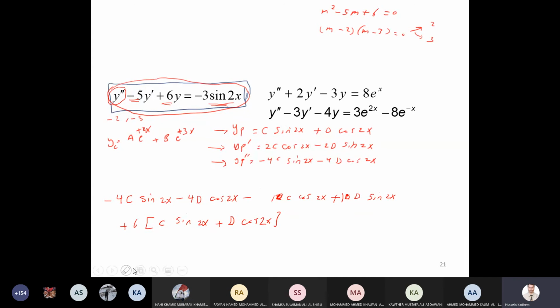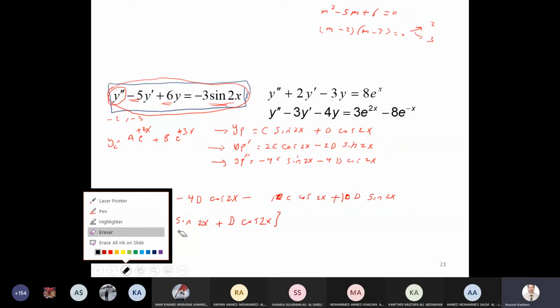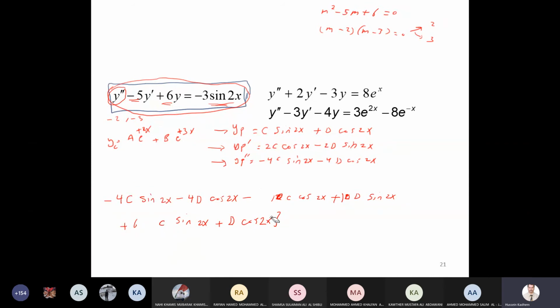The same thing applies here: 6 will be multiplied by c and by d, so 6c and 6d. This is equal to minus 3 sine 2x. Now let me organize my work.